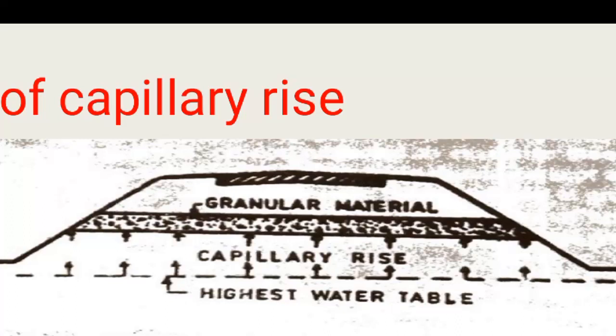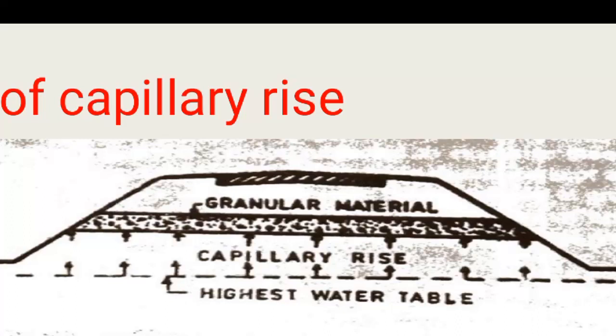The thickness of granular capillary cutoff layer should be sufficiently high than the anticipated capillary rise within the granular layer, so that the capillary water cannot rise above the cutoff layer. Hope the things are clear.